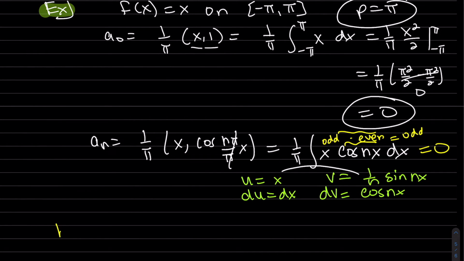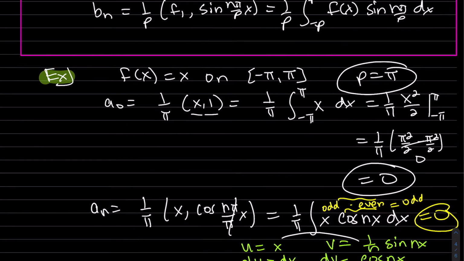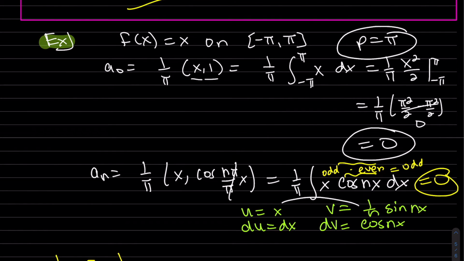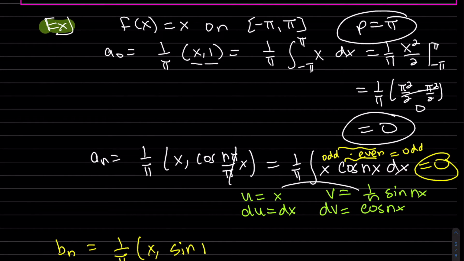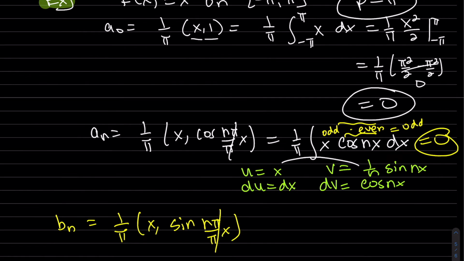So let's find b_n. Maybe we won't be so lucky here. So the definition, 1 over pi, x and sine, which that cancels.